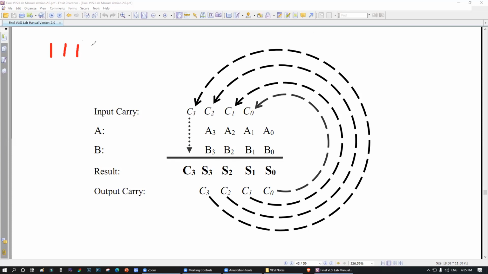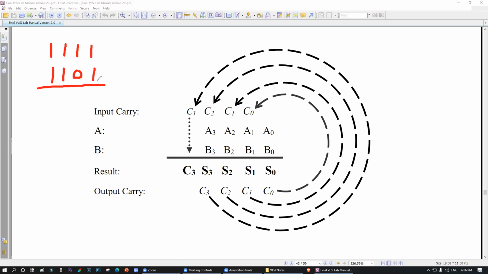1, 1, 1, 1. Then 1, 1, 0, 1. That is the number I explained earlier. Now addition. Look at this. If I add them, what is the result? 1 plus 1. Do you have anything in front in your hand? No, sir. In the other places you have three inputs, right? But at the beginning you do not have anything.